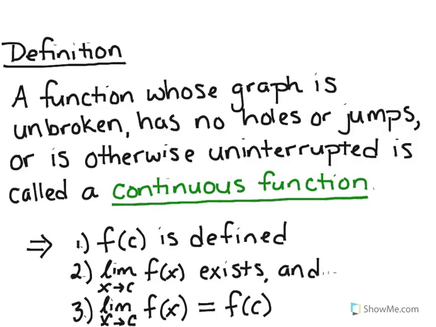So you can find a y value to go with every x. The second condition is that the limit as x approaches c of f of x has to exist. So you have to be able to find the limit everywhere. And last but not least, the limit value has to be equal to the functional value, f of c. These three conditions are incredibly important for you to know, so make sure you understand them.